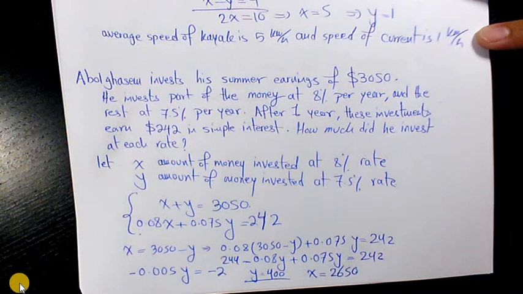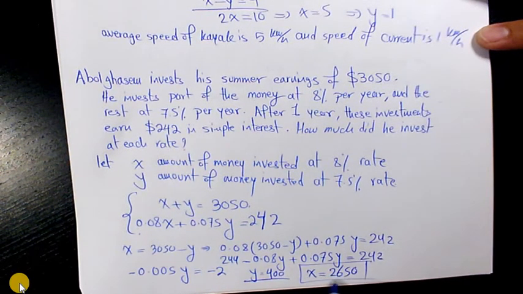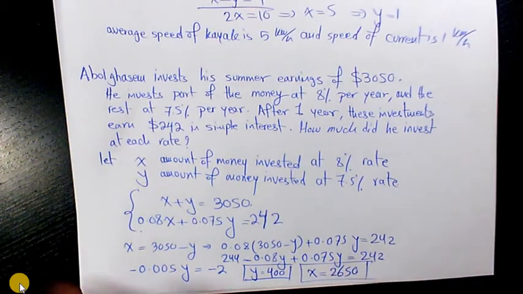If you want to double check it, you can see that's correct. So x is 2,650 and y is 400.